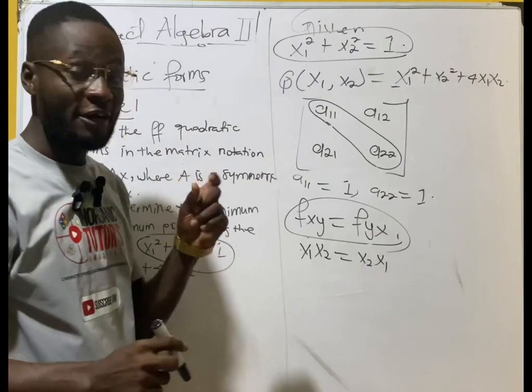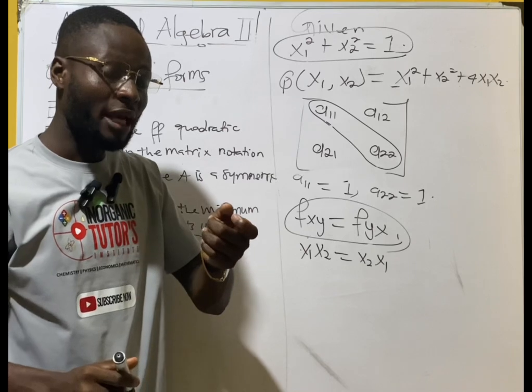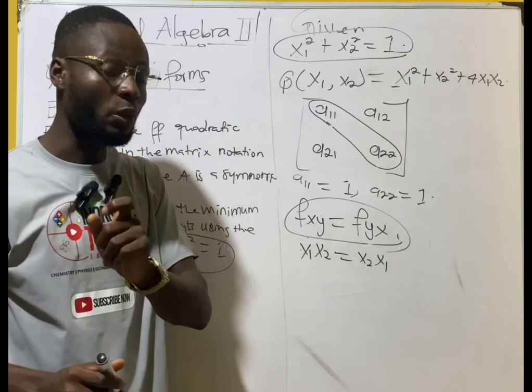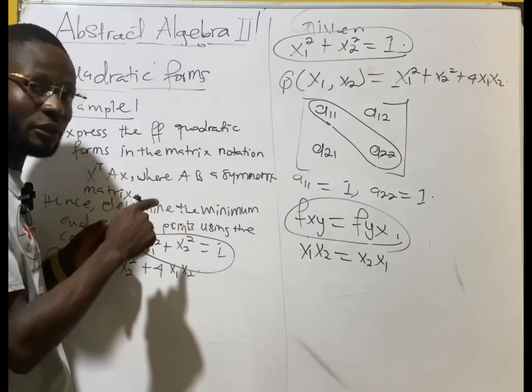Let me take it again. From the Hessian matrix, we learned that the mixed partials, the Hessian matrix is always symmetric, right? And in here too, we are talking about a symmetric matrix.